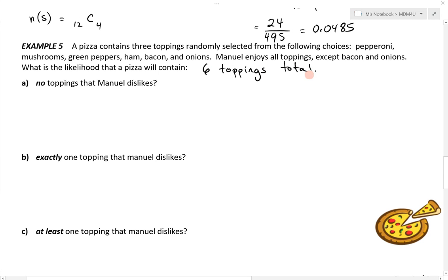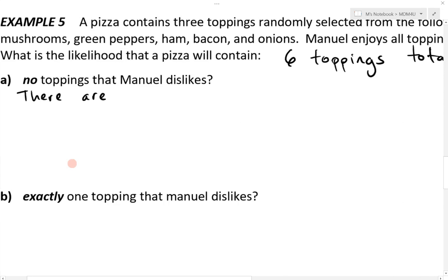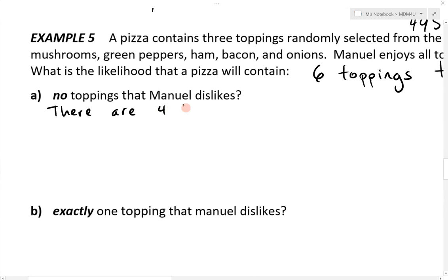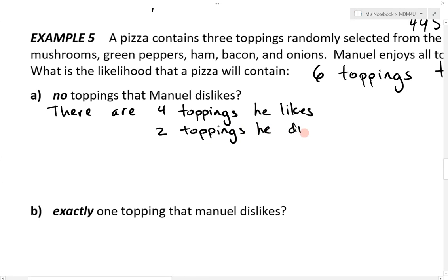Note, okay, so part A, there are 4 toppings that Manuel likes and 2 that he dislikes. So I'm going to write that here. So there are 4 toppings he likes and 2 toppings he dislikes. So then the number of ways you can get in the event that no toppings that he dislikes, well, is 4 choose 3.